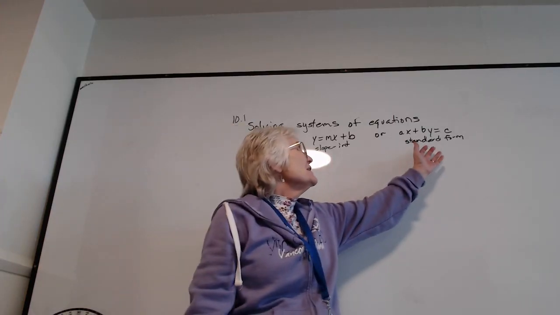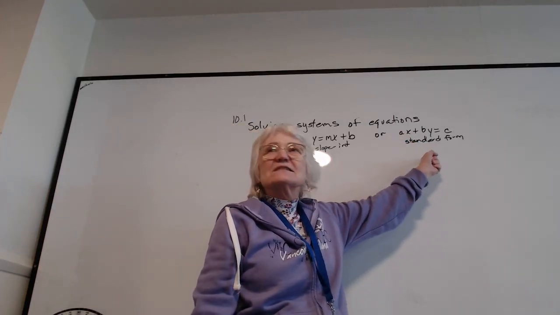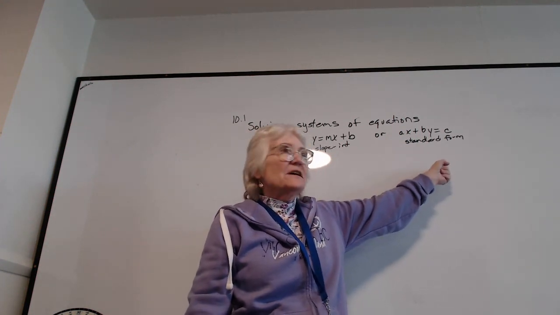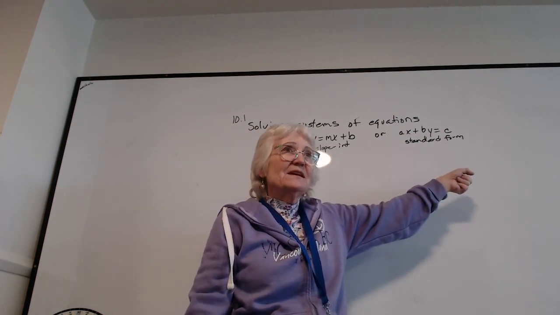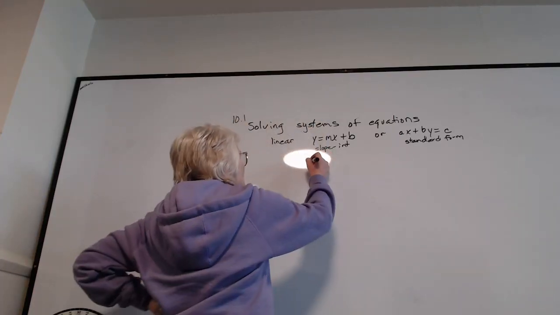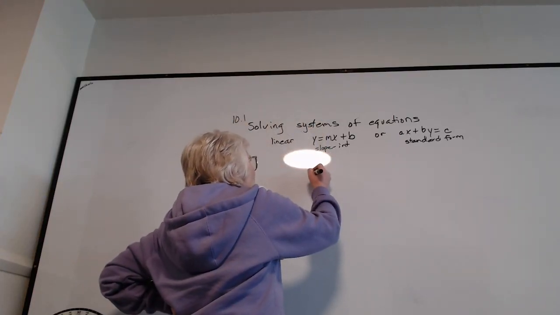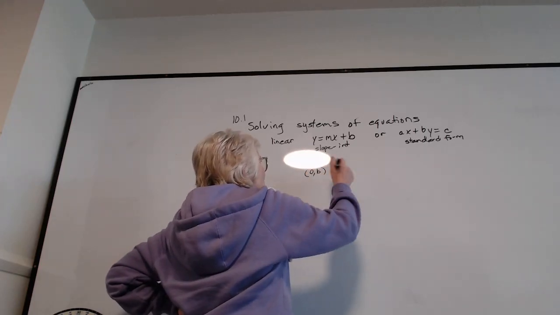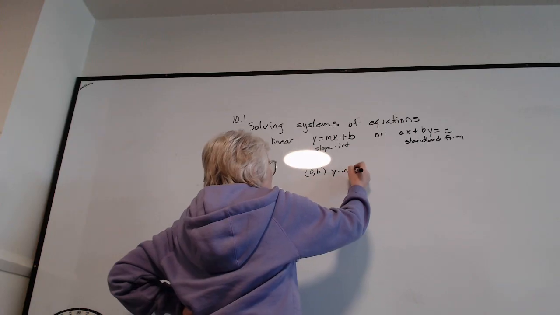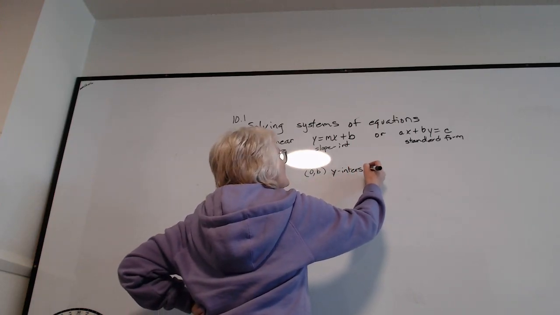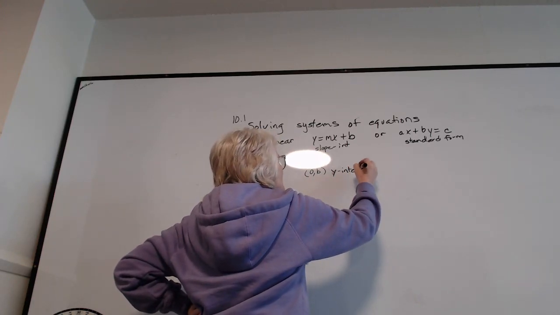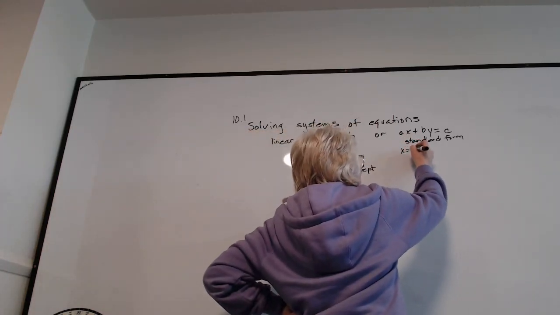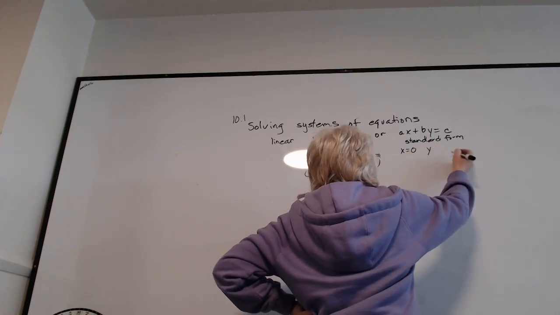Okay. This one is where you put in x equals 0 and y equals 0 to find the intercepts, and then you can graph it. So in this form, you use m, and you use b as your y-intercept. In standard form, ax plus by equals c, you make x equals 0 and find y.